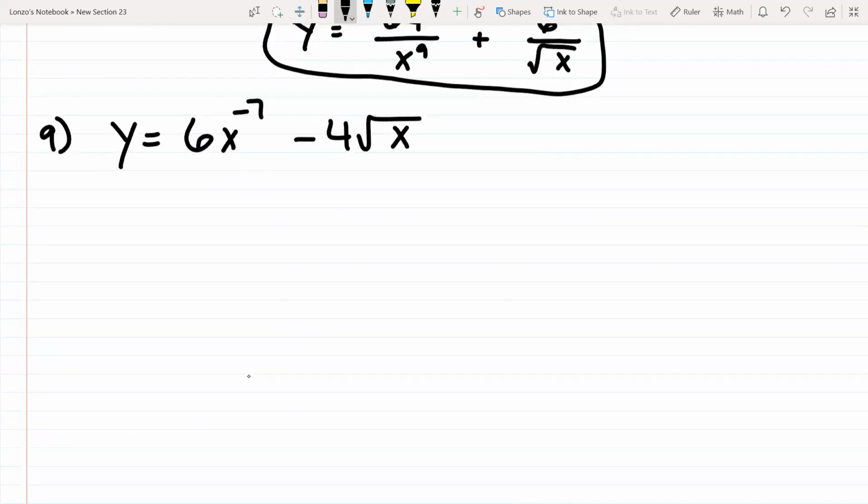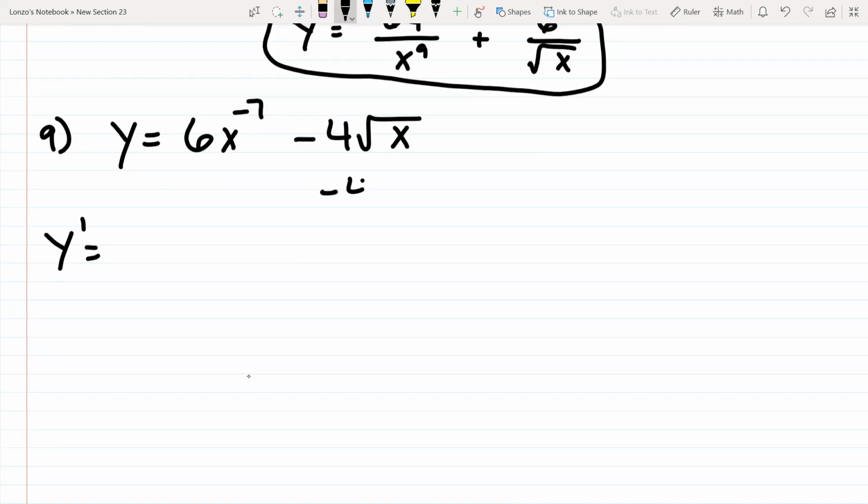Number 9, we have y equals 6x to the negative 7 minus 4 radical x. Just like number 8, let's put everything in power form.